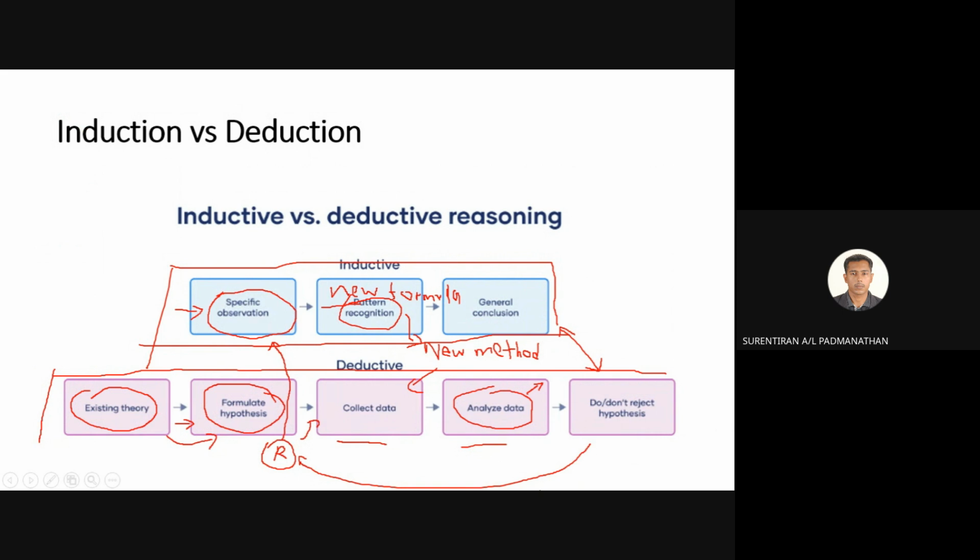Okay, so it can be like for master students. Usually they will go for this deductive method. They just use the existing theory, they just want to improve something, right? So they will usually use this deductive method.